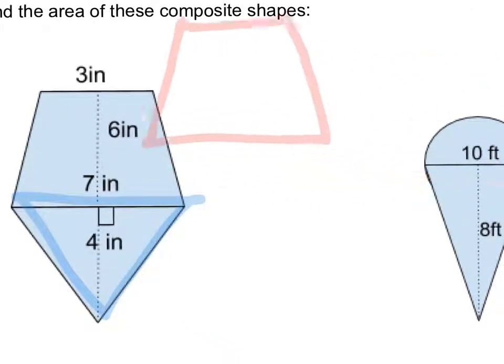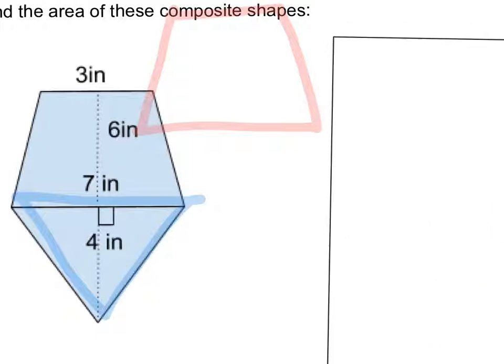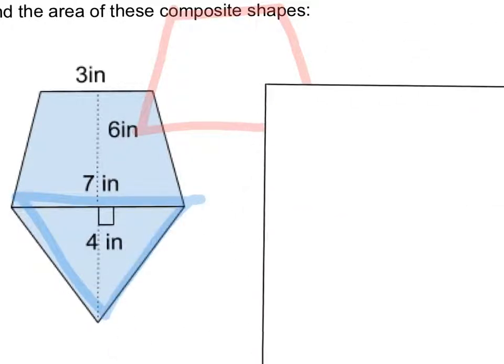The area of a trapezoid is calculated by multiplying the sum of the bases to the height and then divided by 2.